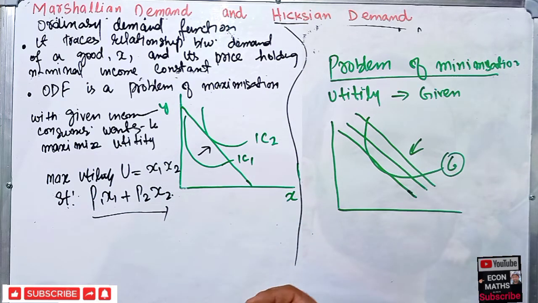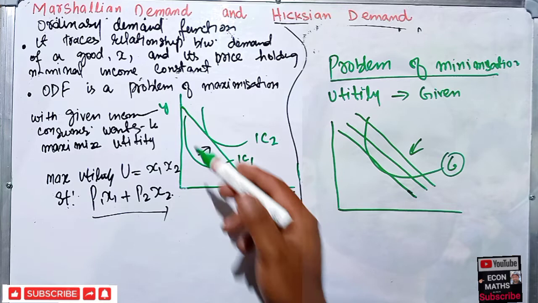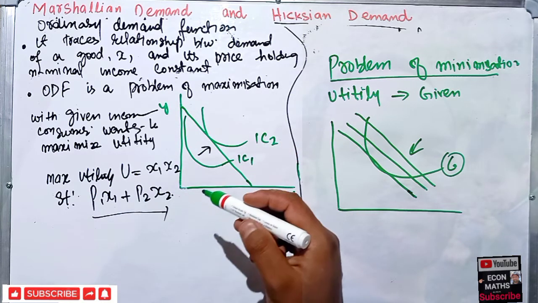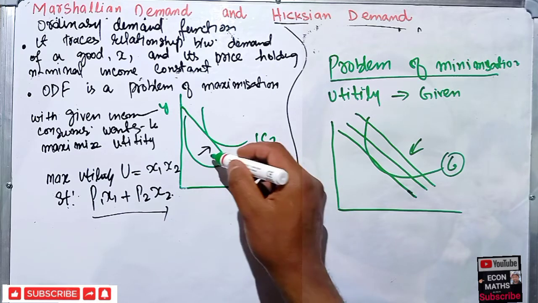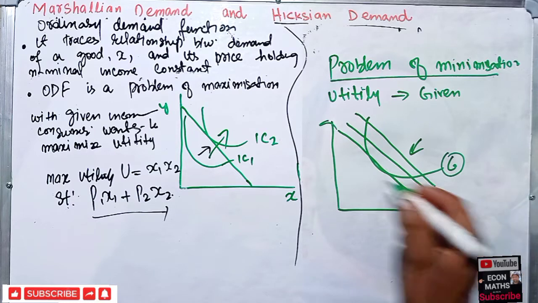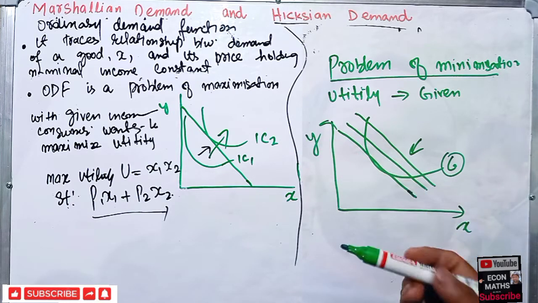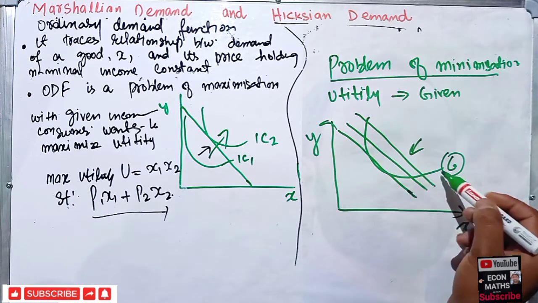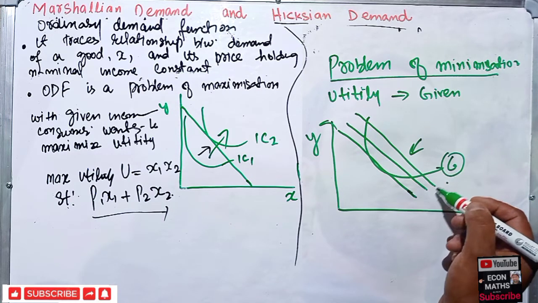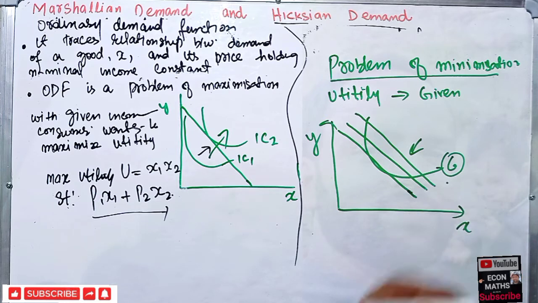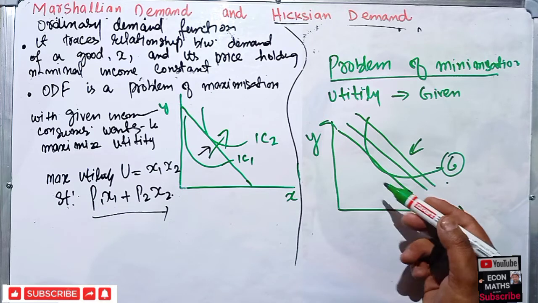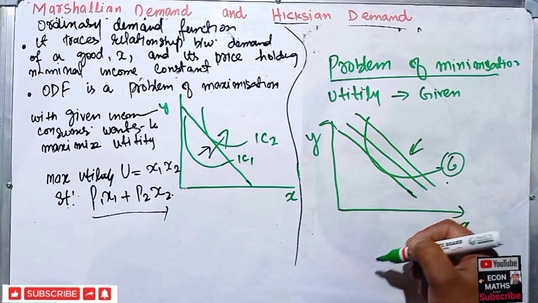In the Marshallian demand function, our budget line or income was given, and the consumer in this case tries to reach the higher indifference curve. And in the Hicksian demand function, we are given the indifference curve or utility, and the consumer wants to purchase these goods with the minimum amount of expenditure.